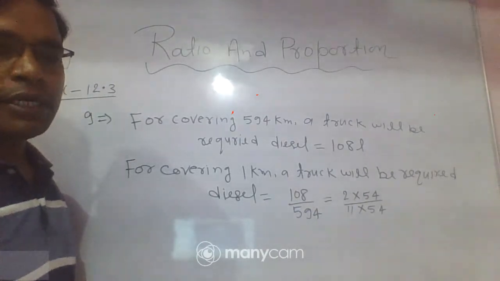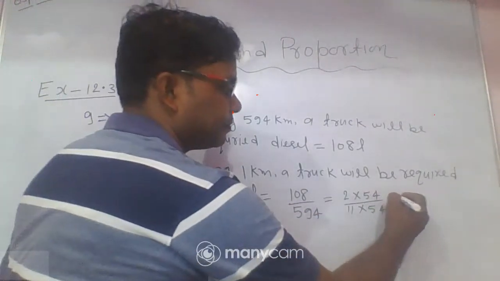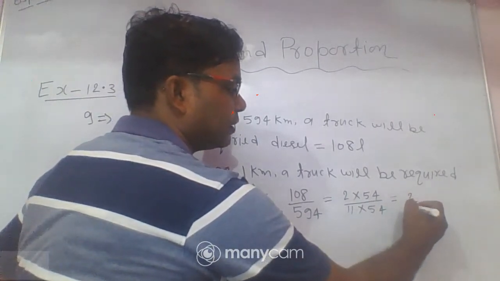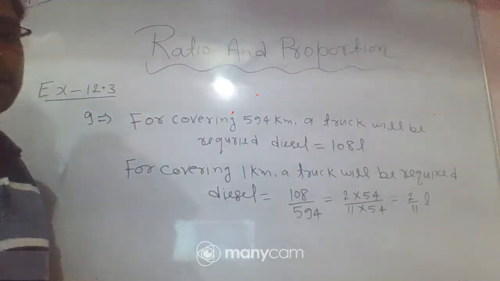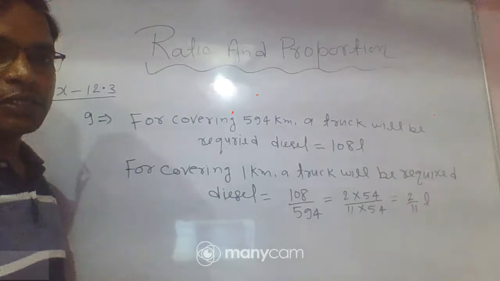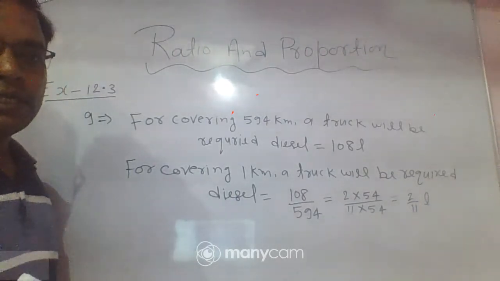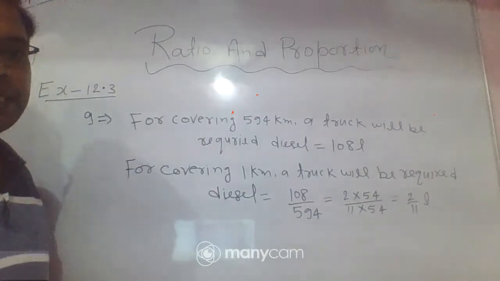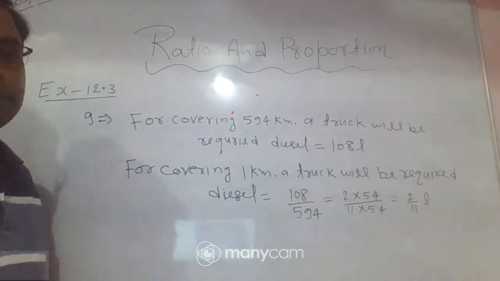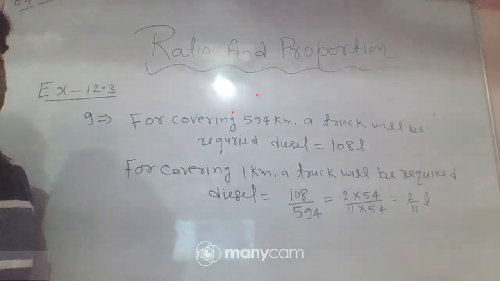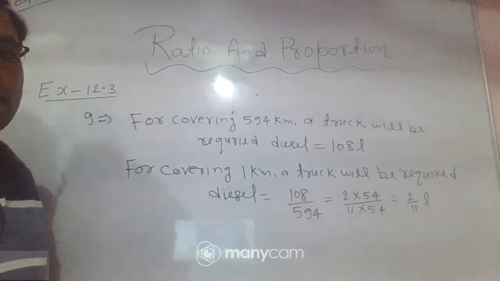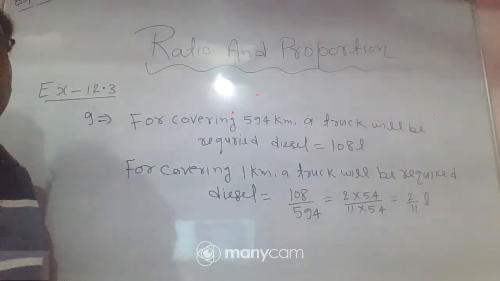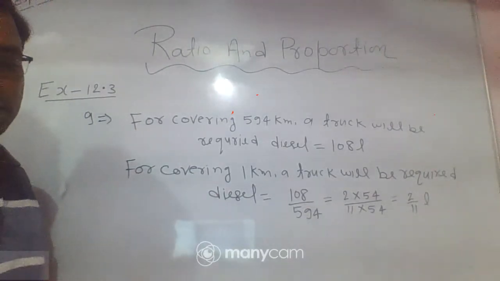So you can see 54 by 54 will be cancelled because 54 is common in numerator and denominator. So we can write 2 by 11 liter. 2 by 11 liter diesel is needed to cover 1 kilometer distance. Okay, so we have 1650 kilometer distance, and we find the required diesel for the truck.